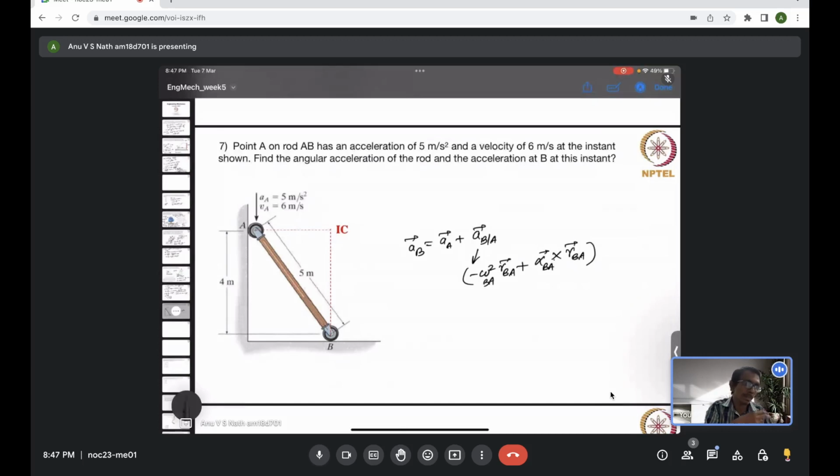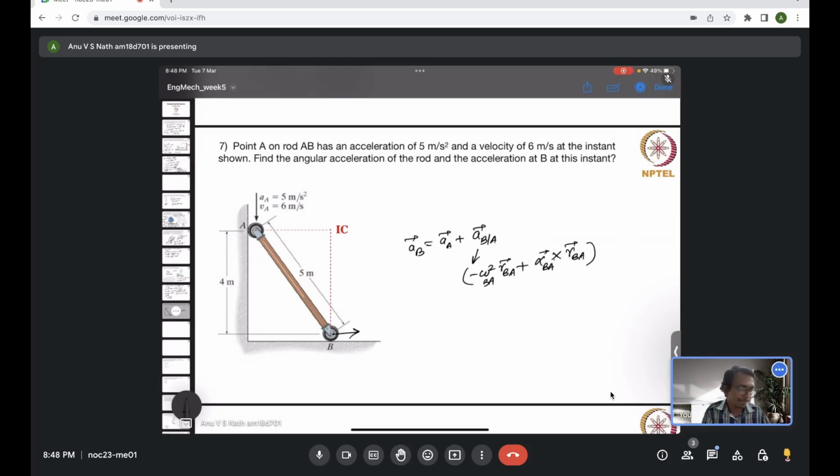If you multiply the angular velocity which we evaluated earlier by that distance, from IC to B, which is actually 4 meter here, you will get the velocity of B. Now the direction of velocity is actually obvious. B is trying to move along the horizontal, so it should be in the horizontal direction.